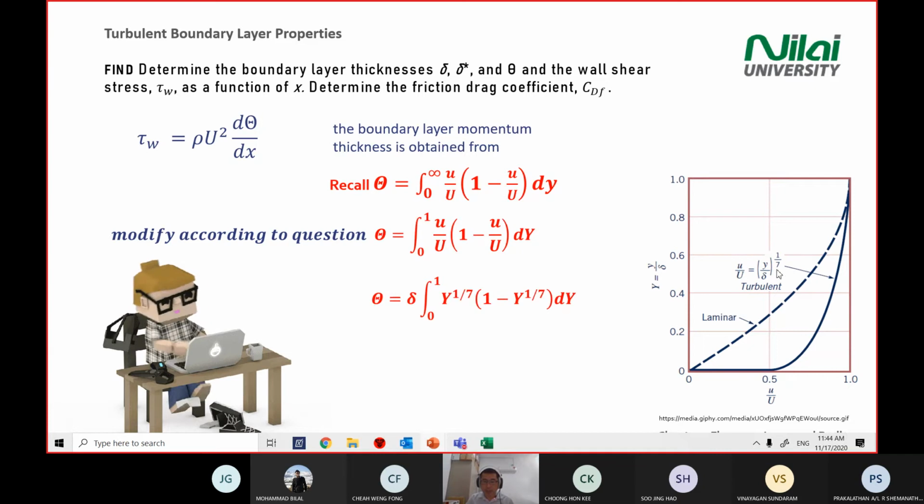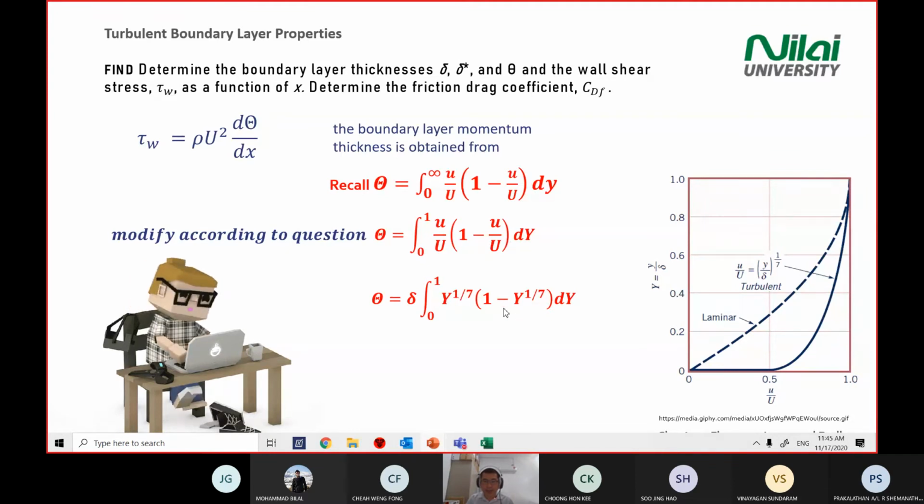To substitute the equation, because we are interested in the boundary layer region. In the equation that you developed just now, you have the ratio of small u divided by capital U, which is given in the graph here. There's an equation given in the y form, because here it is very hard to integrate. There's no y term here, but the graph helps you with the y term. So what you do is take this equation, y divided by the thickness, power 1 over 7, and substitute this whole term here.